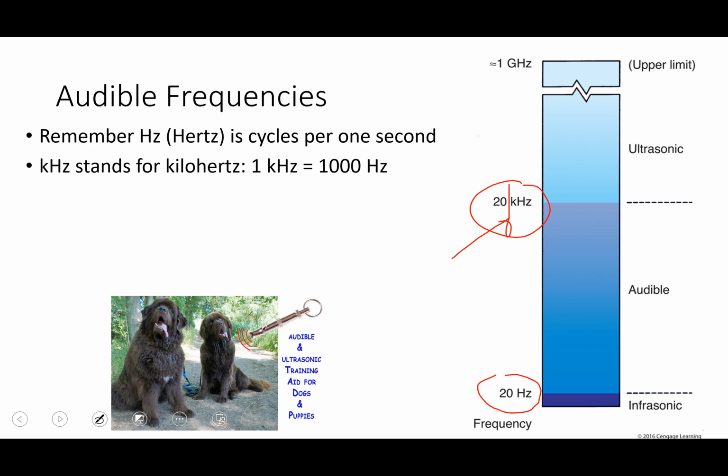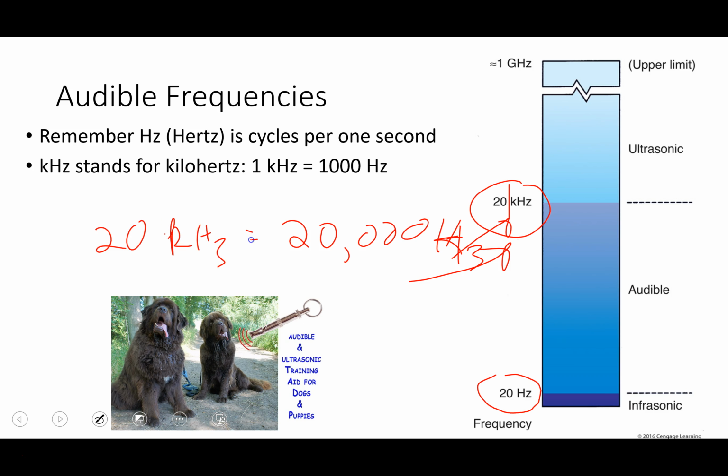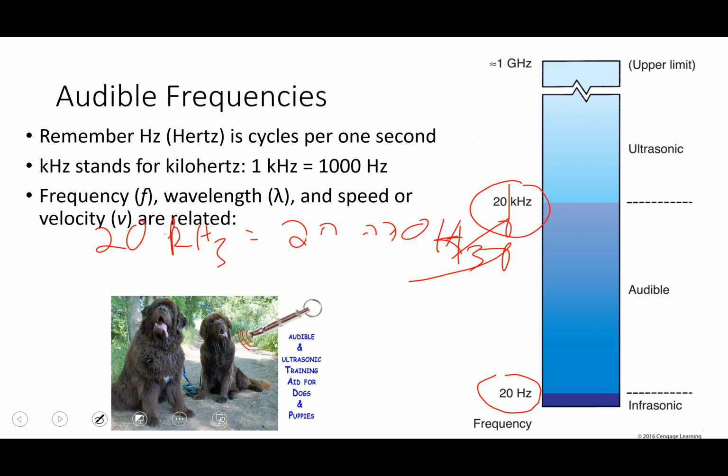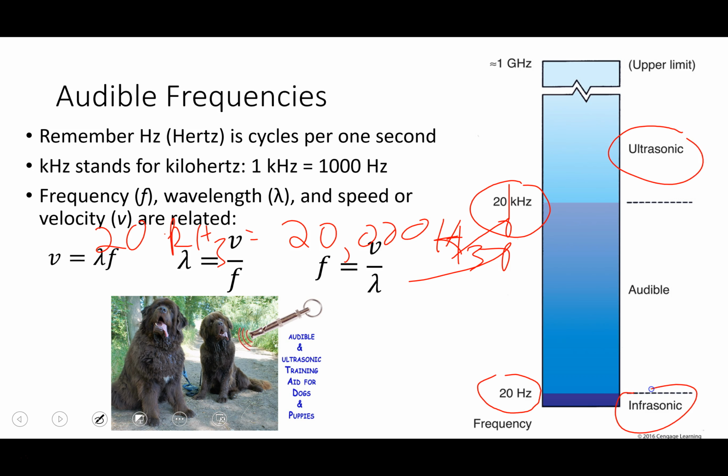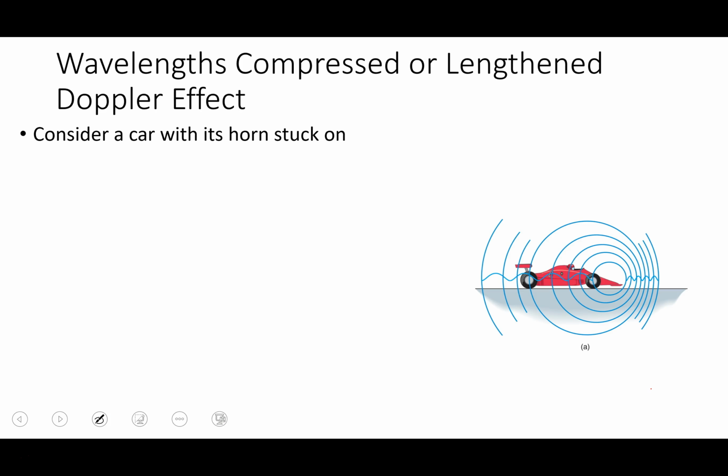So if I were to unpack that, 20 kilohertz is equal to 20,000 hertz. Those are the audible frequencies. If something has a frequency that's higher than audible, we call that ultrasonic. Lower, infrasonic.